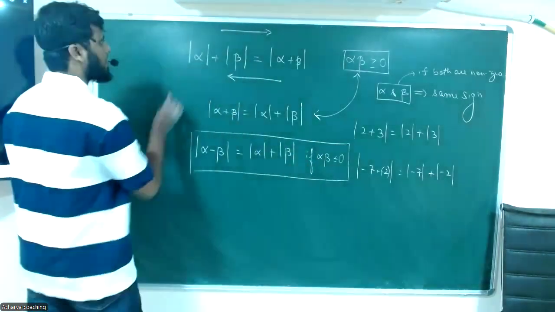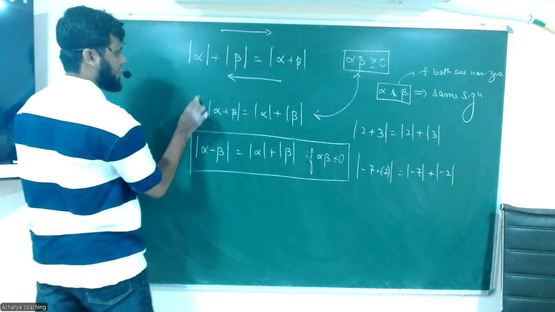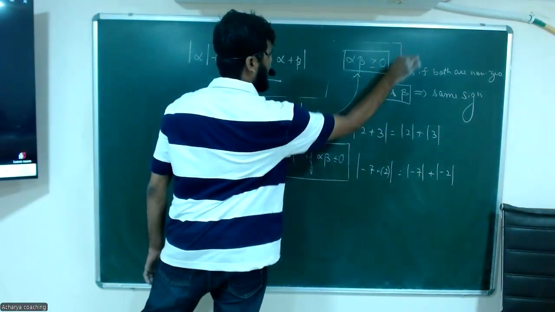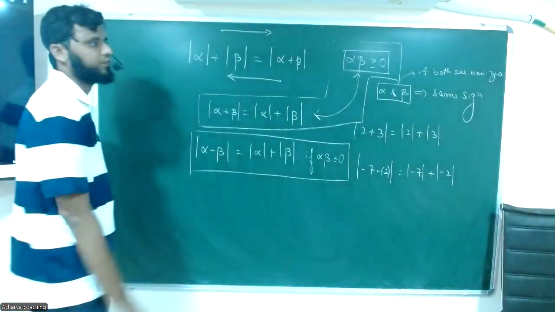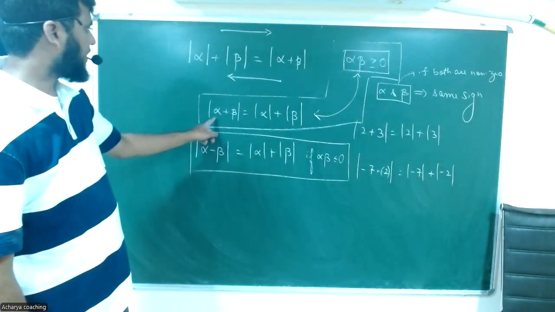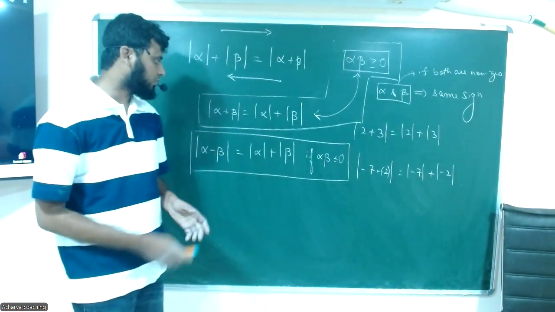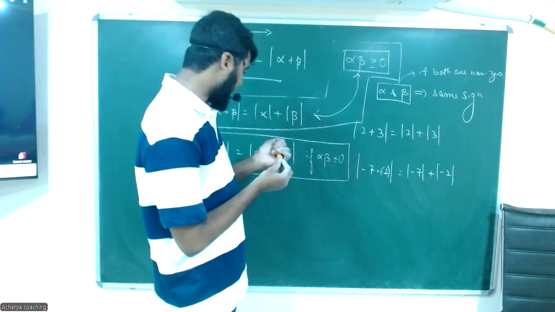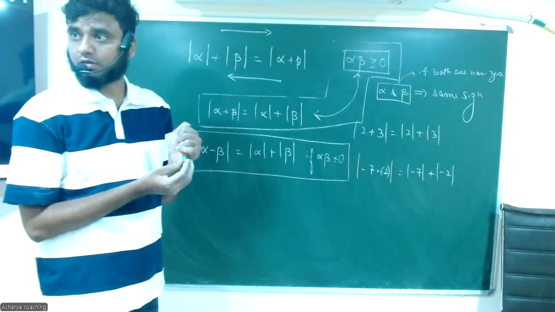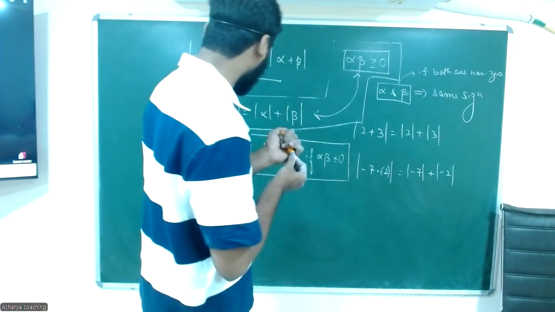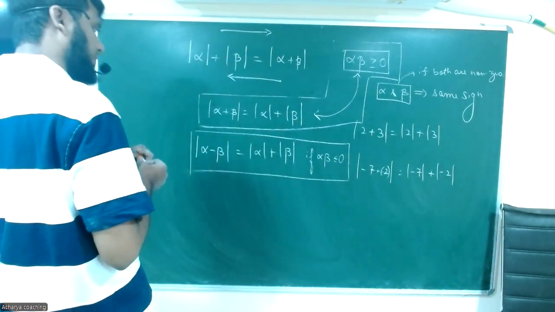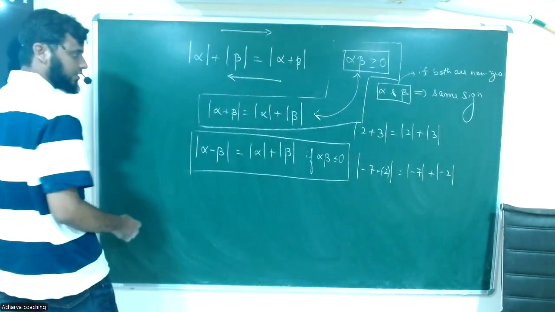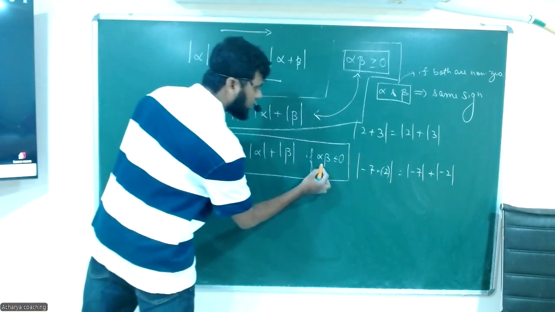This one you should know, and this one you should know. So modulus of alpha plus beta is modulus of alpha plus modulus of beta, and modulus of alpha minus beta can be written as modulus of alpha plus modulus of beta if alpha into beta is less than or equal to 0, which means both are of opposite sign.